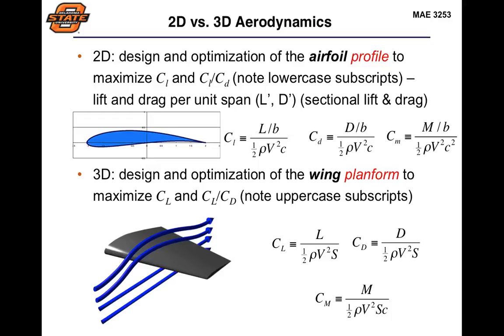So those two are simply related if you take that two-dimensional airfoil and extend it outwards in a three-dimensional section. Regardless, when we're doing this with Xfoil and calculating these two-dimensional coefficients, we'll learn how to correct those later for three-dimensional wings.